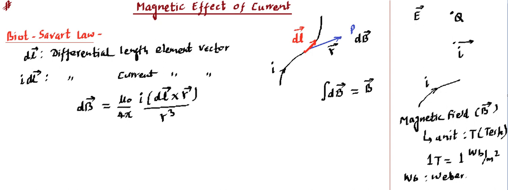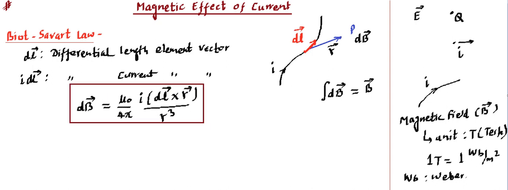This formula is given by Biot-Savart and it's known as Biot-Savart law, and it will let us know the magnetic field at any point because of any differential current element of the wire.